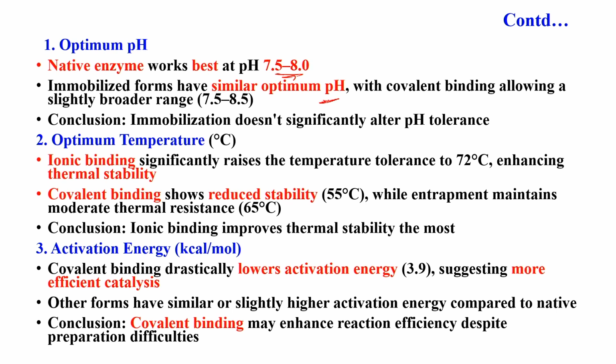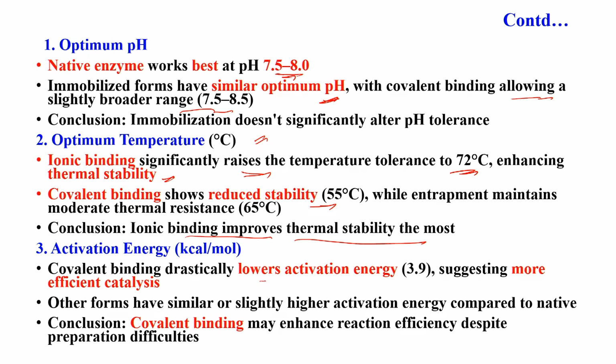The immobilized enzymes have a similar optimum pH, with covalent binding allowing a slightly broader range, 7.5 to 8.5. For optimum temperature, ionic binding significantly raises it to 72, enhancing thermal stability. Covalent binding reduces the stability, to 55 degrees centigrade. So, ionic binding improves thermal stability.